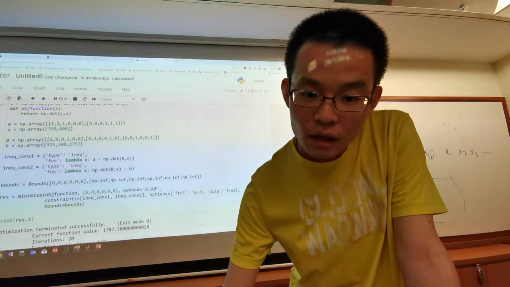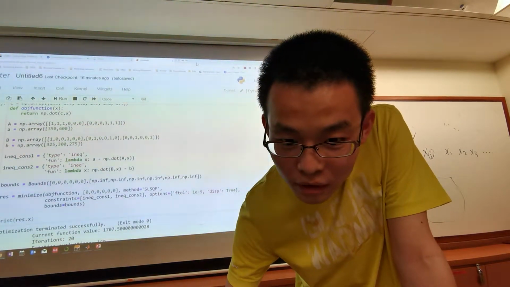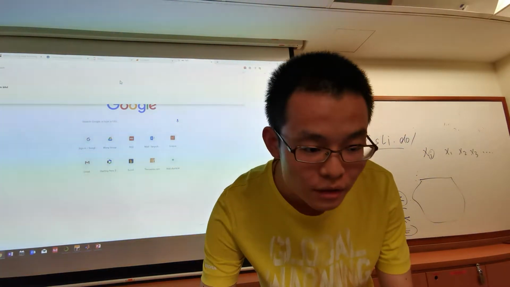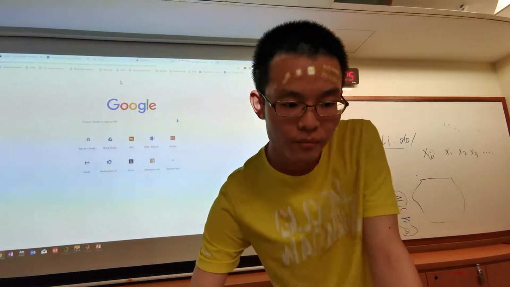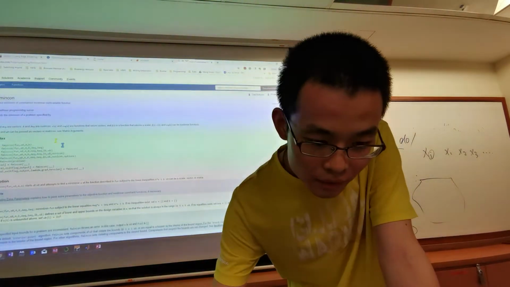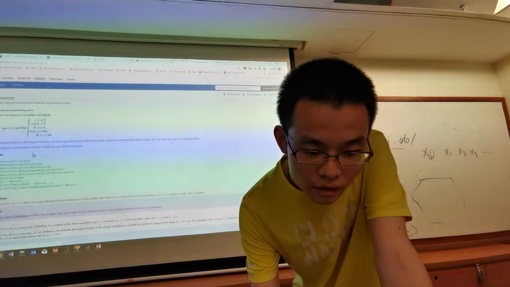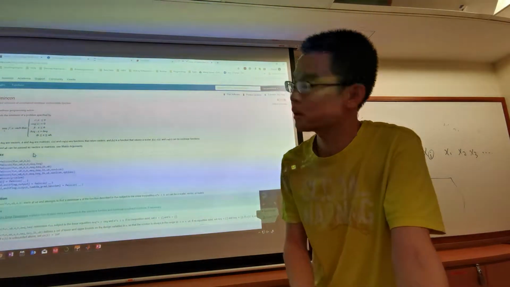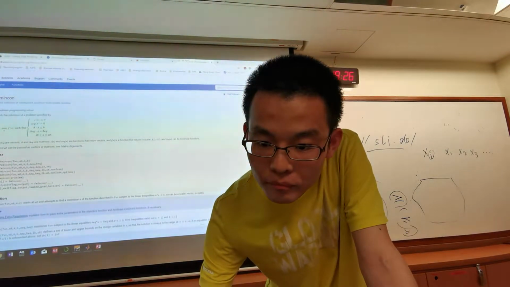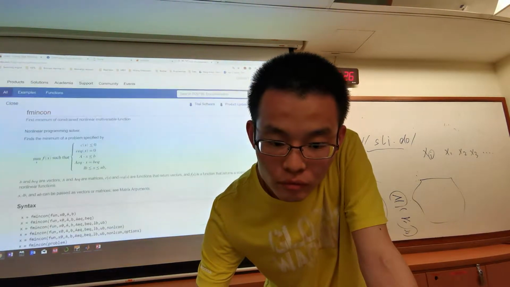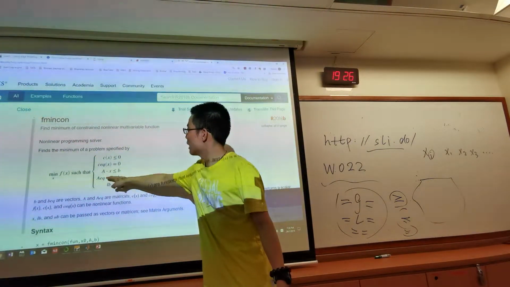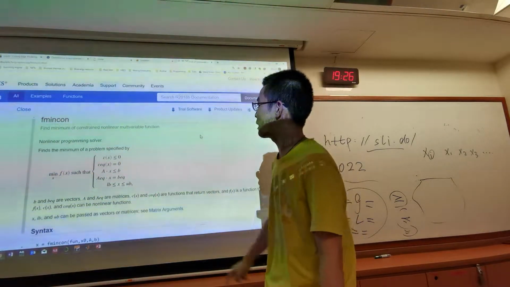For MATLAB, I won't really do any coding, but if we search fmincon and go to see the syntax of fmincon, as you can see here, all those A, Aeq are matrices, and x is a vector.